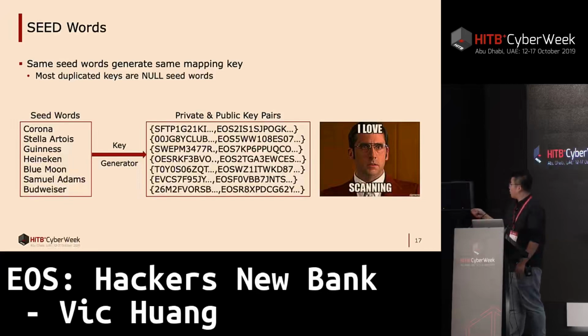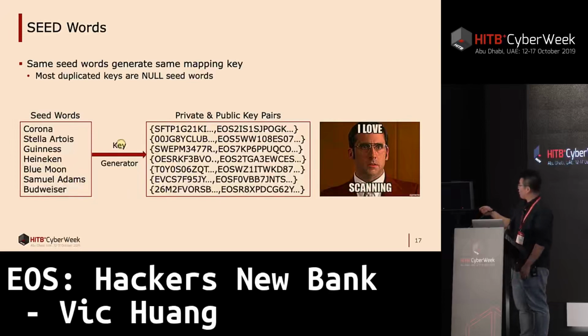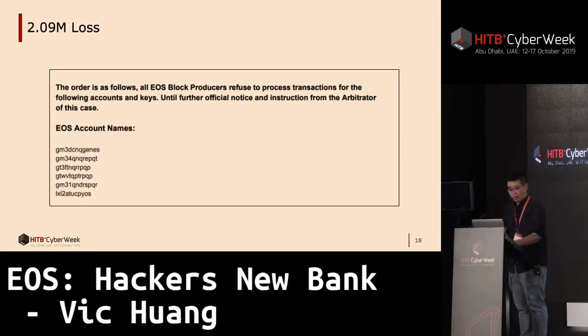If you find someone's address that looks like that, EOS 221IS, you will know that his private key is this one, because the same seed word generates the same key pair. Because of this kind of attack, EOS lost about 2 million US dollars.